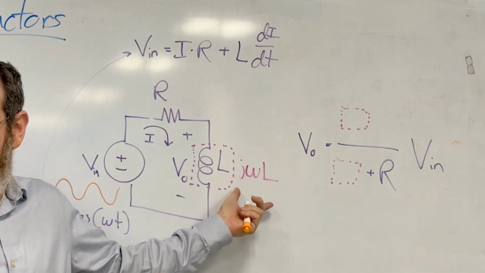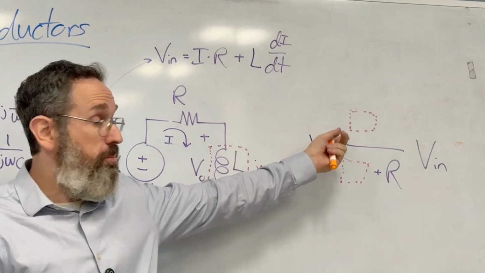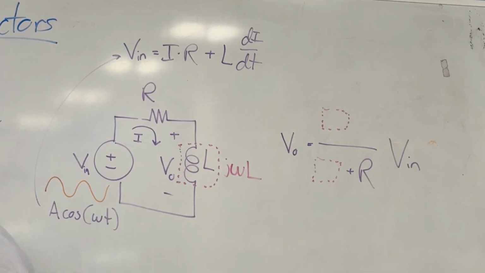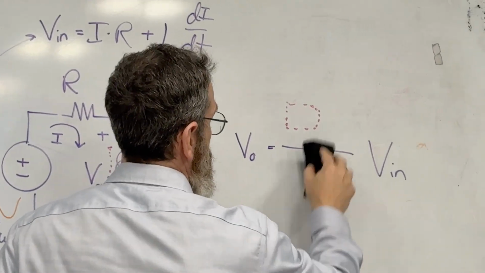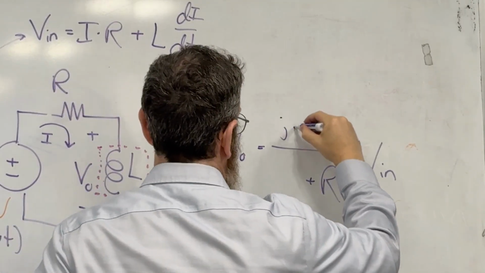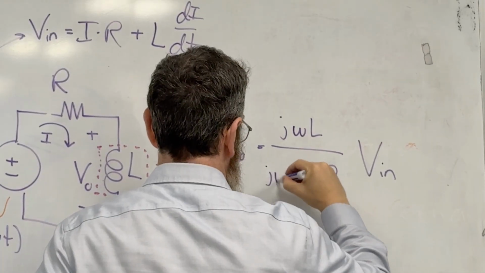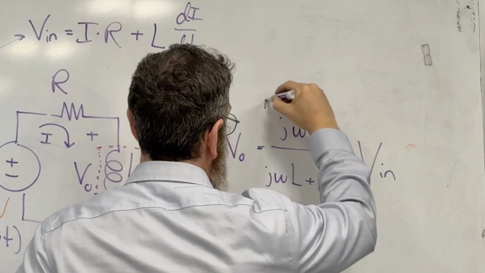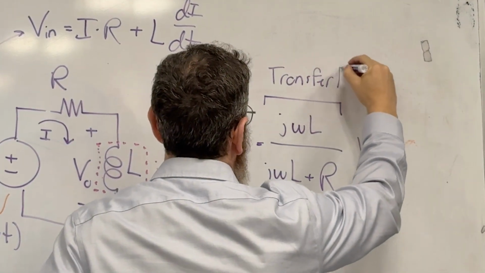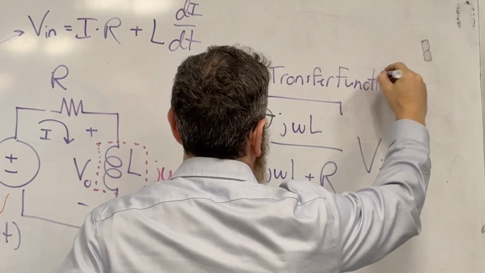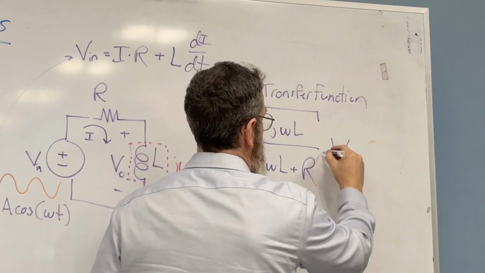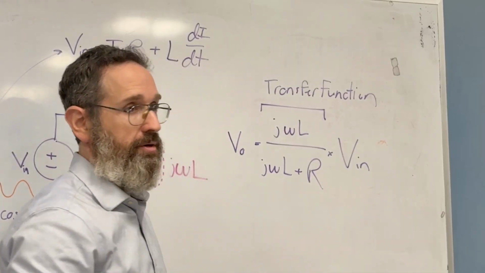So we're going to take this, and we'll plug it into there. We're going to write where the square is, jωL and jωL. And this thing here has a fancy name, which is called the transfer function, okay? Because it multiplies the input to give you the output.